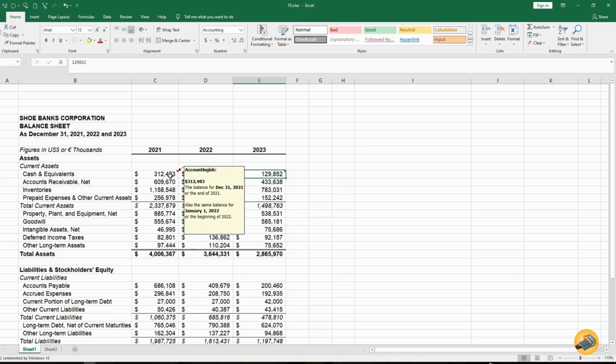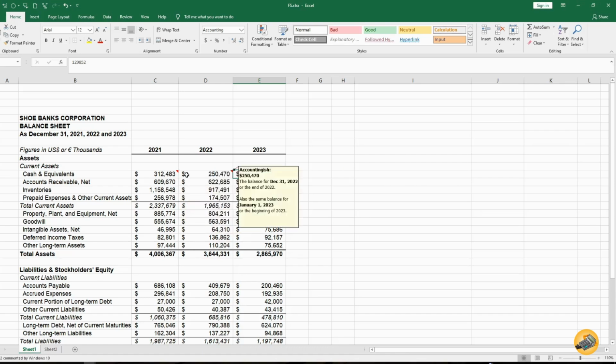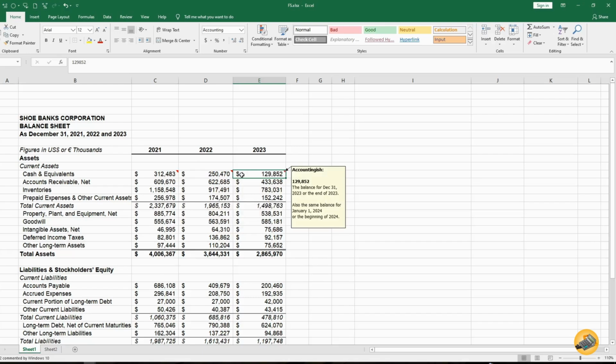The ending balance of the current year is going to be the starting balance of the next year.